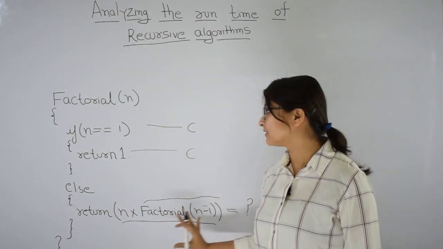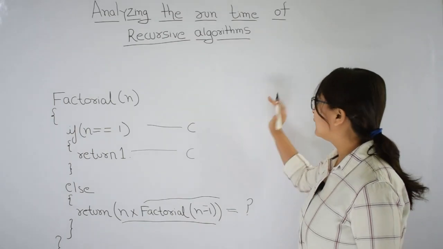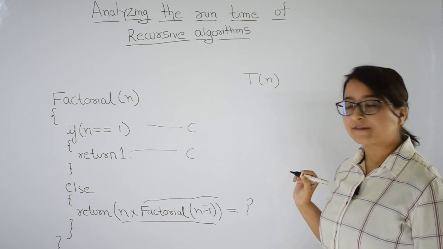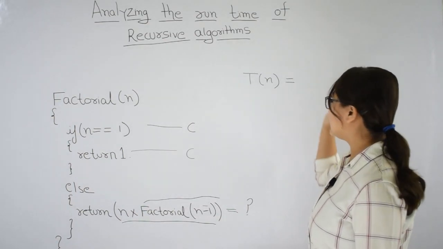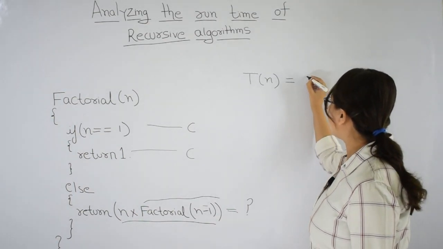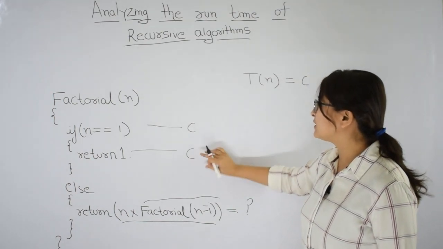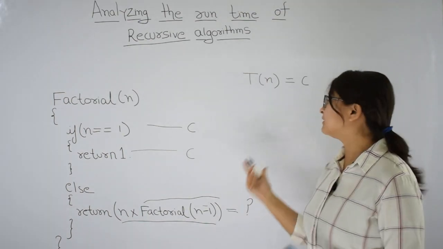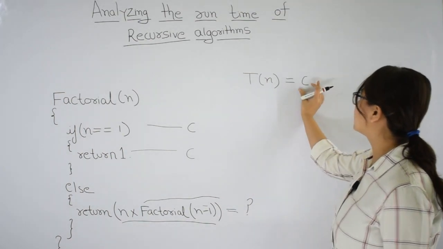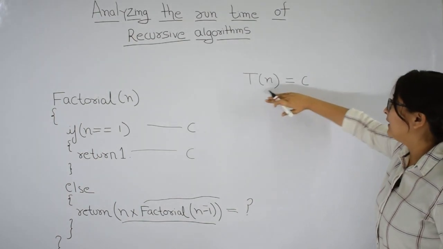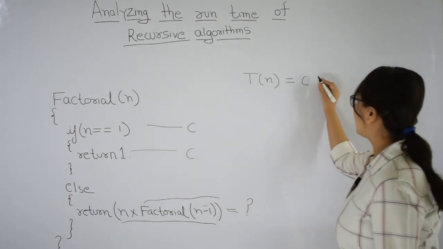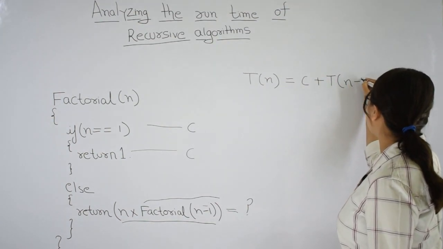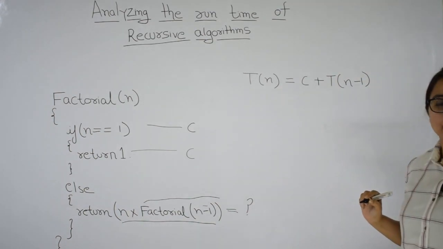How do we write such a recurrence equation? We can say the time taken by this algorithm on an input of size n is equal to some constant c. This is also a constant, so c plus c is 2c, but that is also a constant, so I am summing up all the constants into this c. So T(n) is equal to some constant c plus the time taken for the same algorithm to run on input size n minus 1.